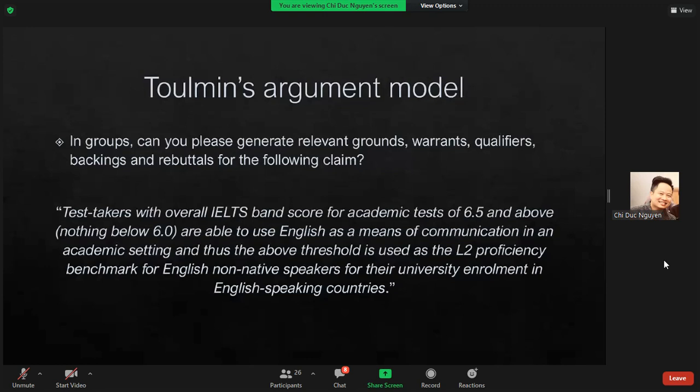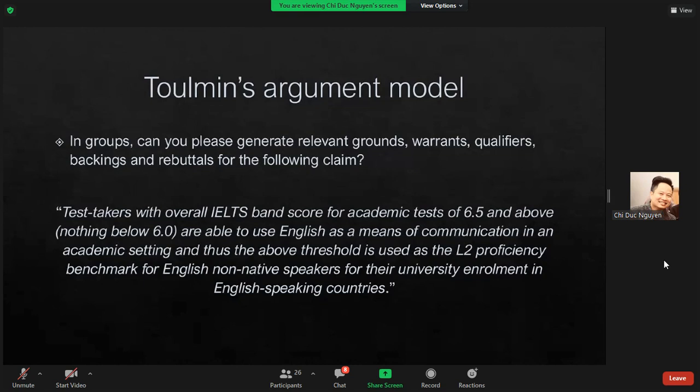Okay, so what are the warrants that we need to have here? Warrant is going to be the link between the claim and the grounds. Okay, my claim is that 6.5 is enough for you to communicate in an academic setting.